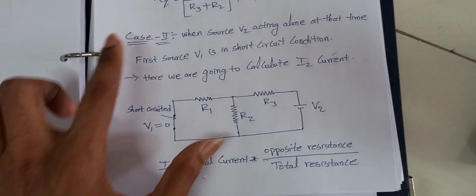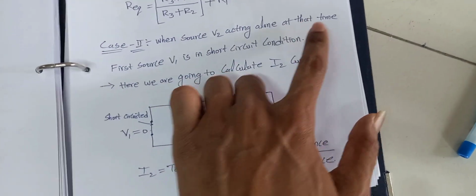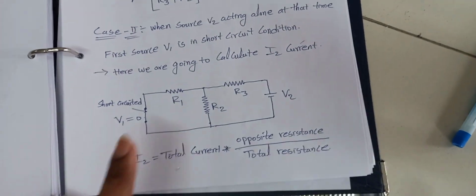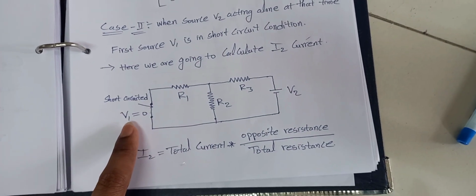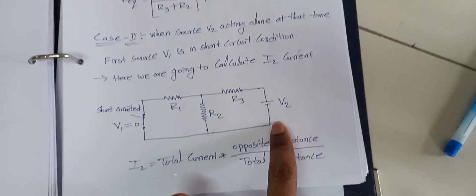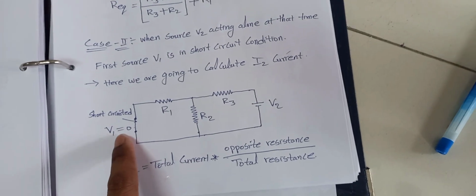In the second condition, whenever source V2 is acting alone, the first source V1 is in short circuit condition. Previously, in the first case, V1 source was taken and V2 was in short circuit. In this case V2 is acting alone and V1 is in short circuit.